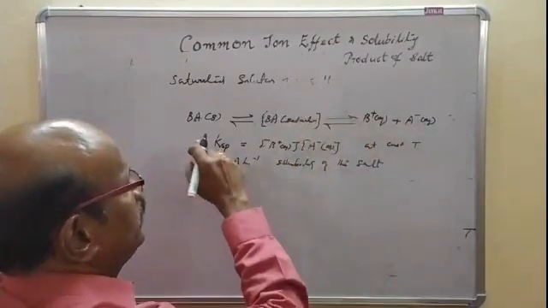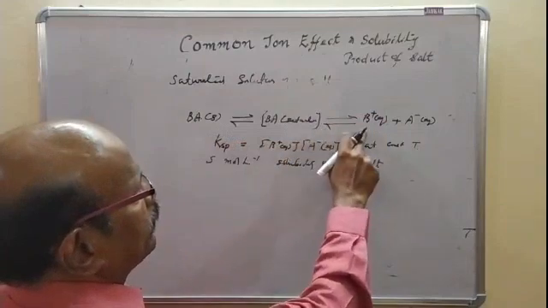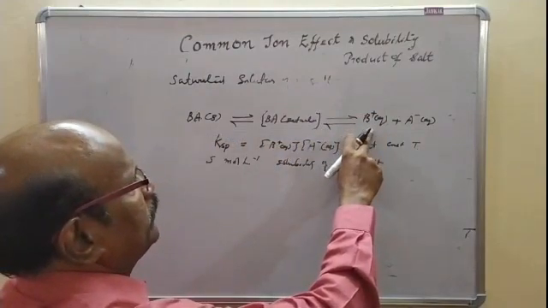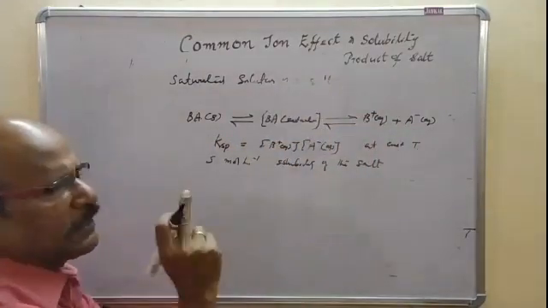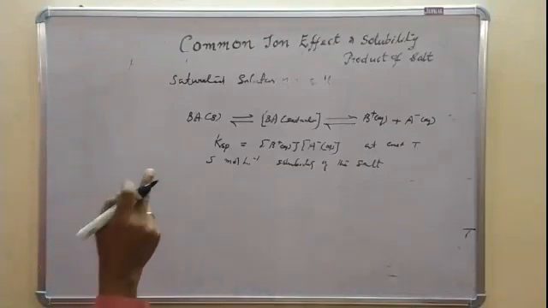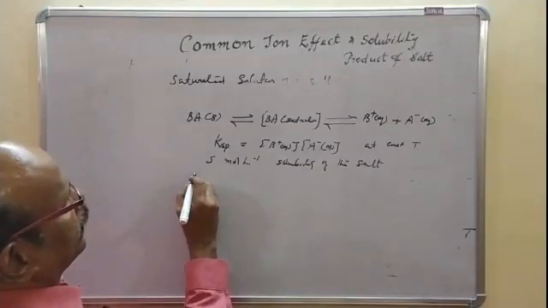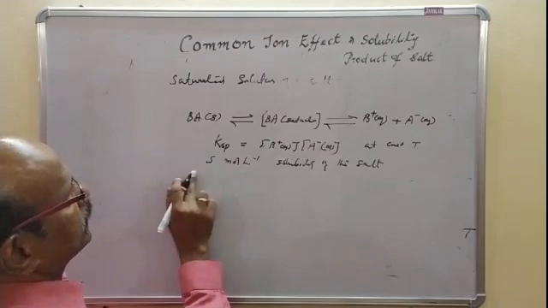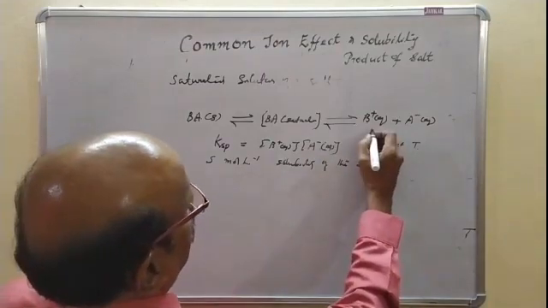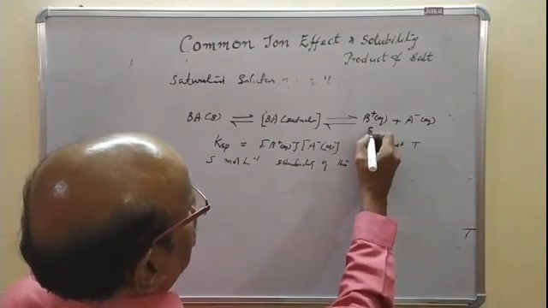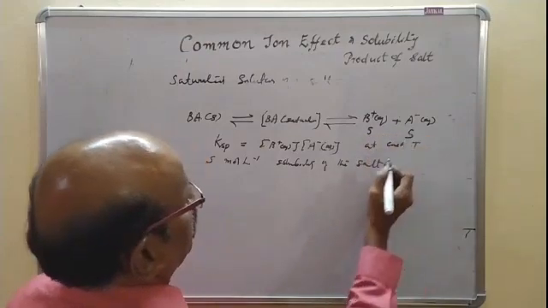Similarly, S moles of BA on dissolution gives S moles of B plus and S moles of A minus ion in the solution. So S is the solubility, S moles per liter.